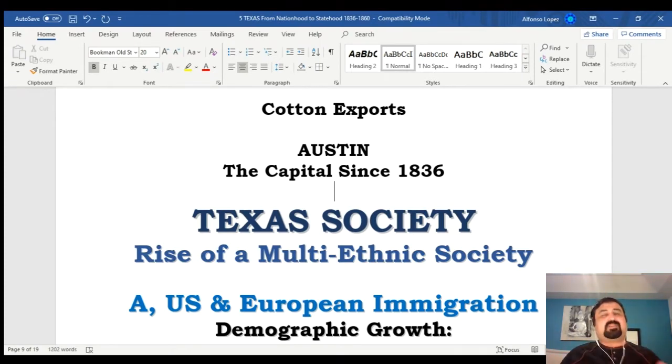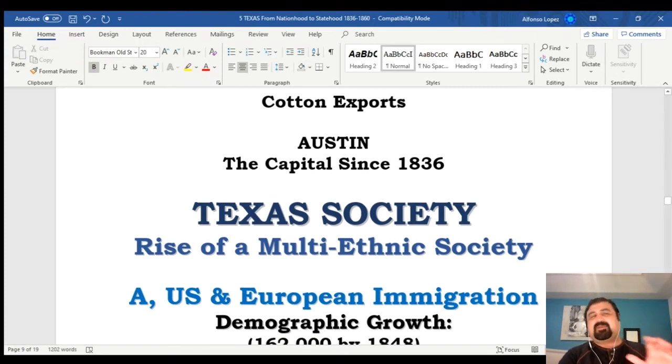He was very much involved in building that city, and this is where his political faction, Sam Houston's supporters, were located. So Lamar wanted to transfer the capital away from Houston and develop the city of Austin to become the capital. We see this very early on, in the very first years of the Republic, the attempt to transfer the capital to Austin. It will remain there ever since, by the way.